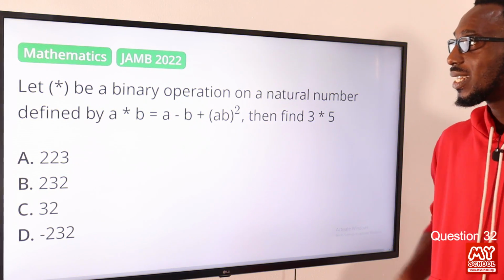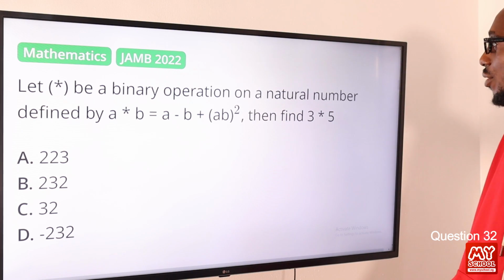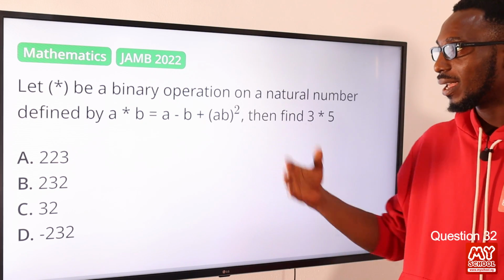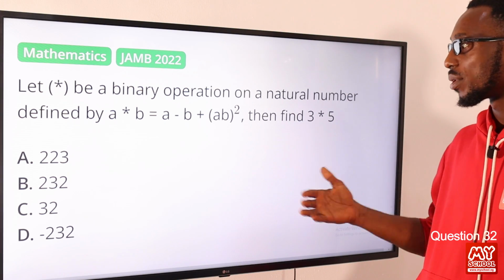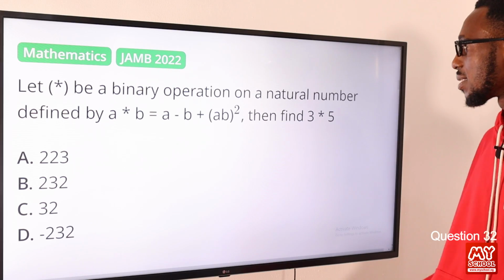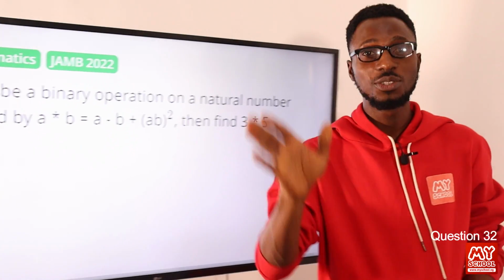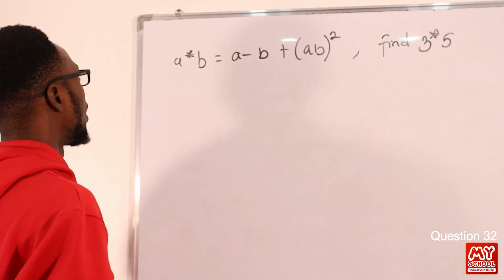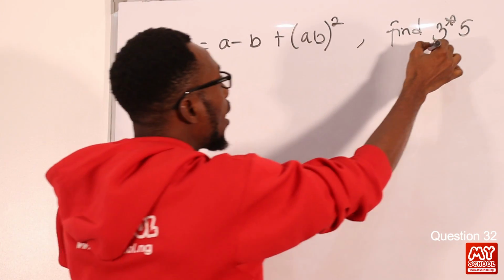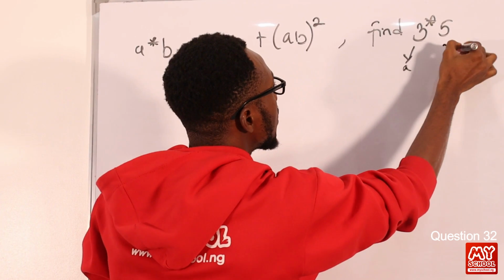32. Let asterisk be a binary operation on natural numbers defined by a asterisk b equals a minus b plus ab squared, then find 3 asterisk 5. So super easy, you just need to follow the identity provided. So this is your a, and this is your b.